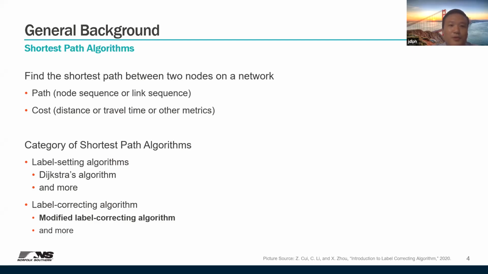So a quick question for you guys. How many of you have implemented shortest path algorithms on your own? Anyone? Okay. So even if you haven't implemented a shortest path algorithm, the shortest path problem is quite common, and we face it almost every day.